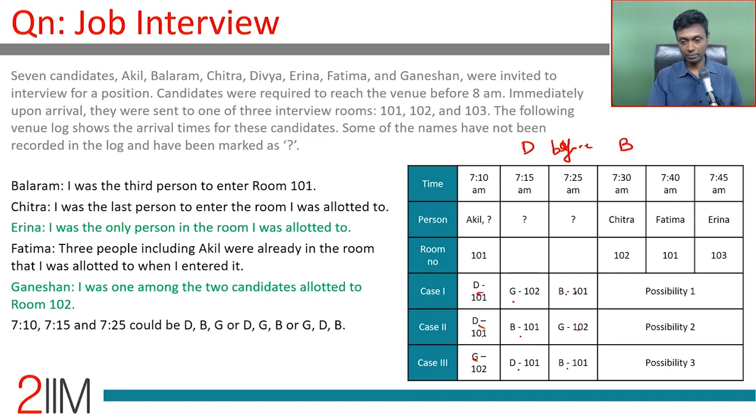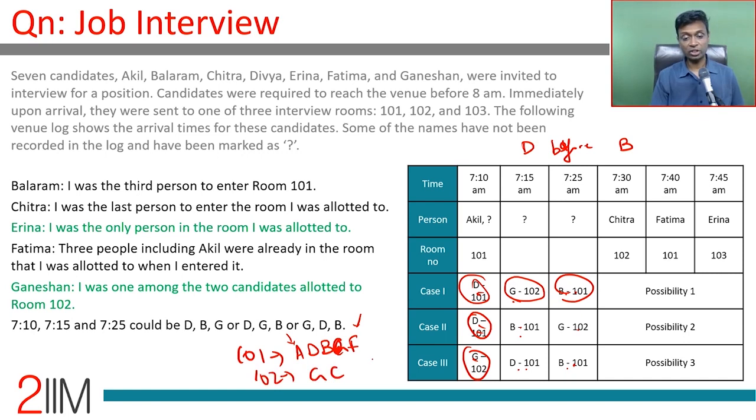The remaining slot goes to G. We know that G is in 102 and B and D are in 101. That much we have already resolved. So 101 has A, D, B, F. F is the last, A is the first or joint first, and then D comes before B. A, D, B, F in this order.